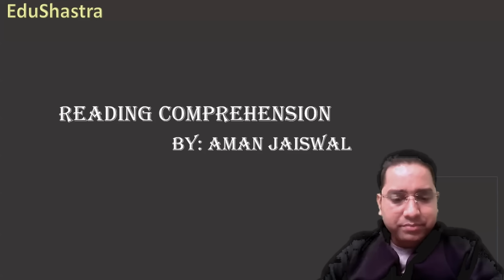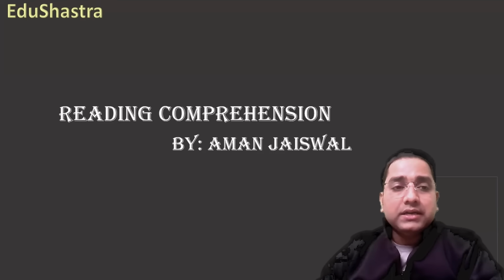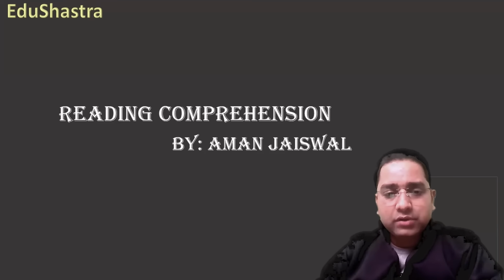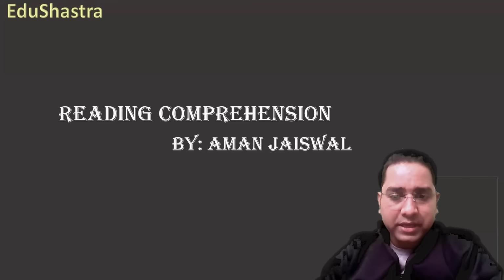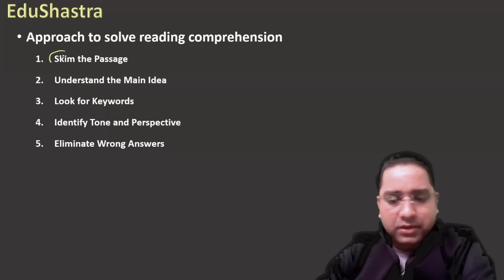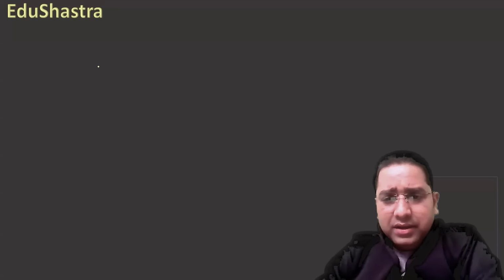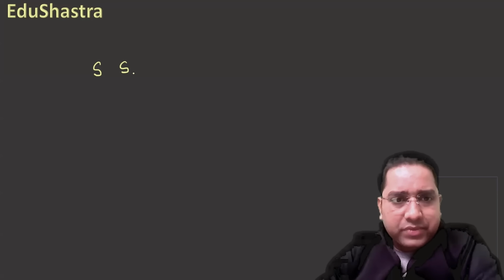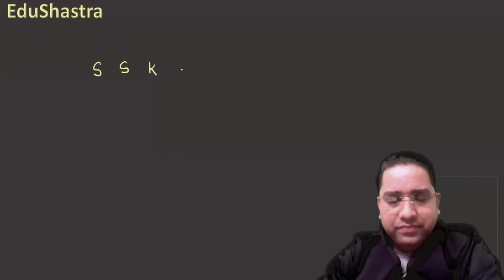So let's begin. Before proceeding further, the steps that we follow while solving reading comprehension. So these steps are, first of all, I'm telling you, SSKTE, right? Do you remember what it means?